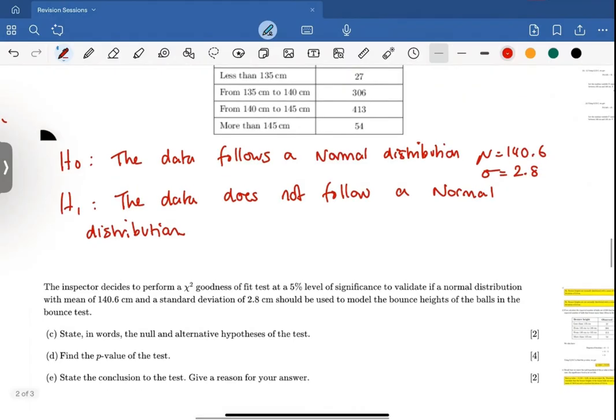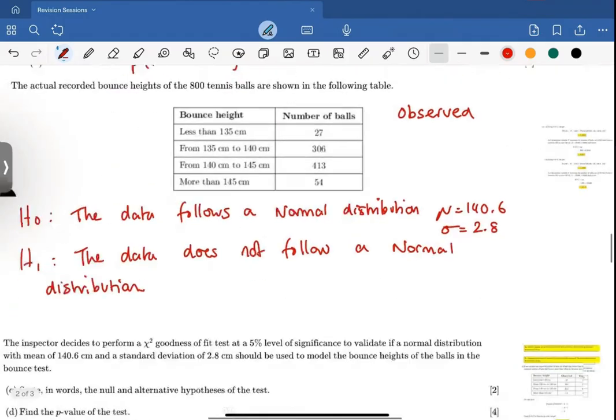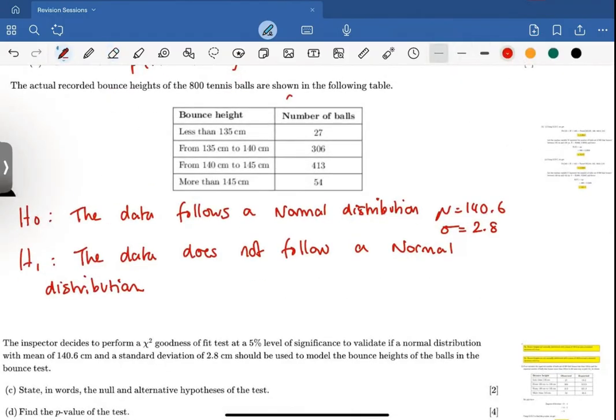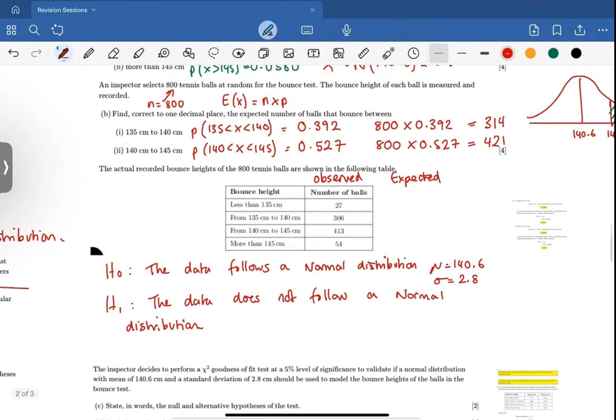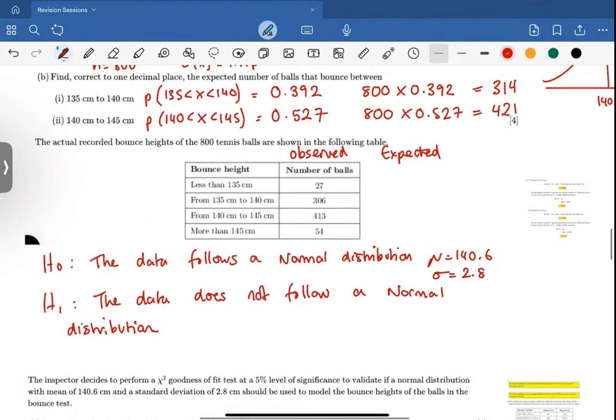Okay, so we've done that. We need to find the p-value of this test. Now, at the moment, these are our observed values, and we need to know what our expected values are. Now, often with these longer type questions, you've usually done some of it in the previous part of the question. So these two values here are two of our expected values.